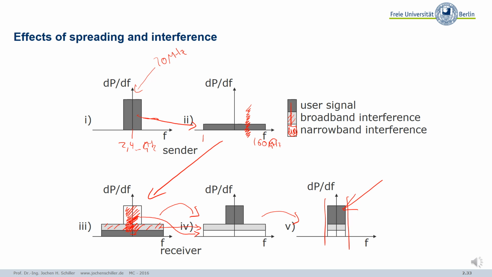Because as I told you, you need a certain amount of energy. So that's the idea, that this is still enough for the receiver to reconstruct the 0 or the 1. So that's a very simple way of explaining spreading and despreading. And that's exactly what many of the systems of today do.